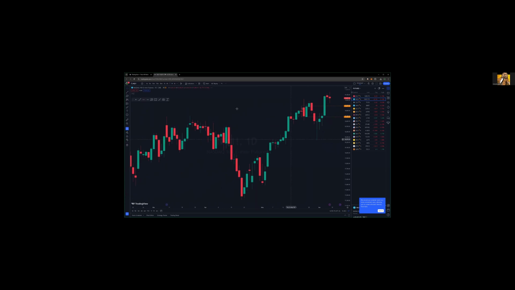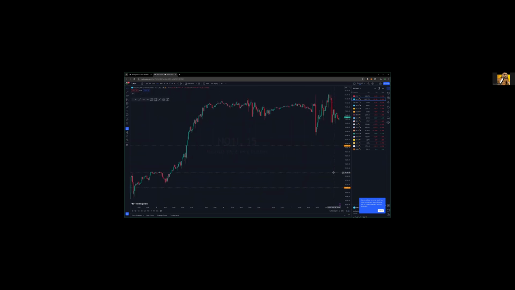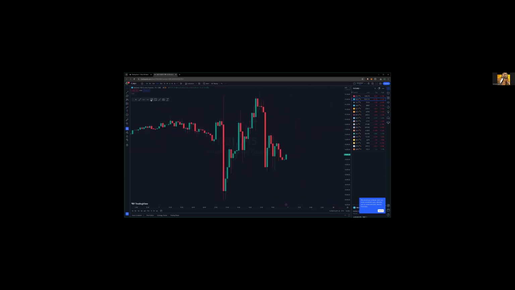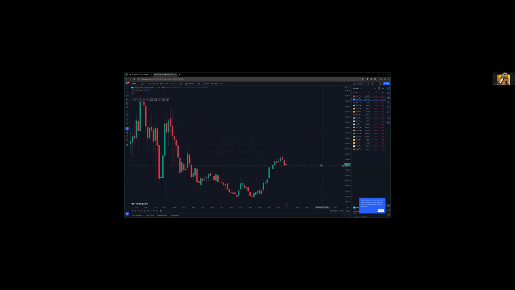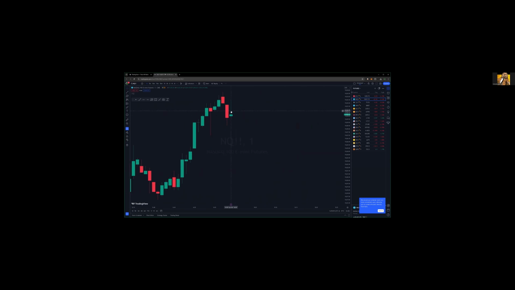We'll go into the daily chart and then the 15-minute. If you're looking at a 1 minute chart and you zoom in, this is the point system we were referring to, the 0.25 points, and $5 for the Nasdaq, et cetera.